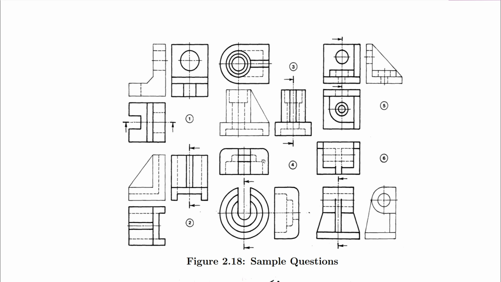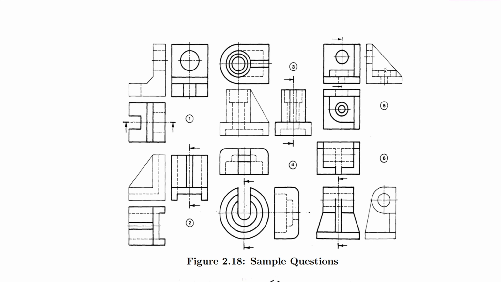So number 4, we have it drawn in third angle projection, and we have the cutting plane on the front view. So we have to draw the sectional end view. Here you'll have to section the end view, provide the hatching, and then number 5, we have the cutting plane on the front view, and in this case we have to draw the sectional end view as well. This is in first angle projection.